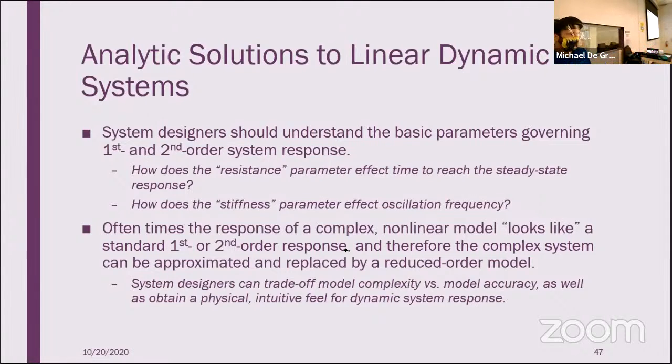System designers, the name of the trade-off game is model complexity versus model accuracy and time to obtain a solution. That's the game here. How do we get a model that's good enough that's not going to cost me a ton of money in terms of computational research?